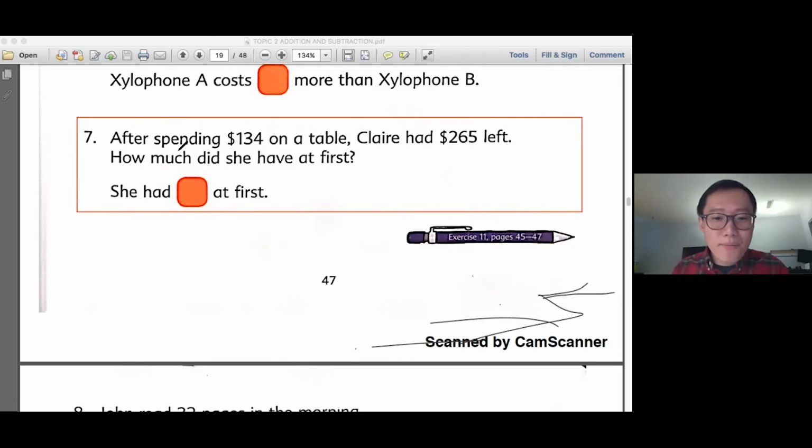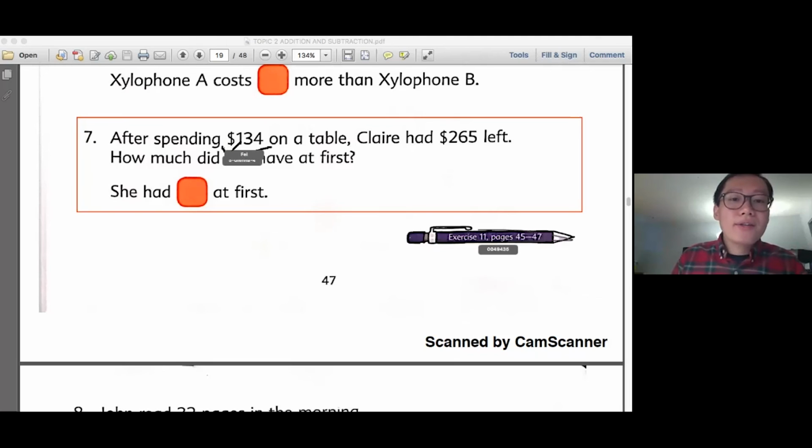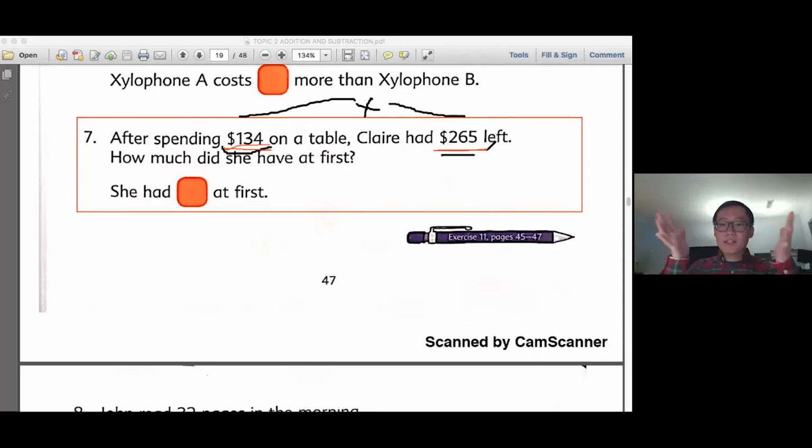Okay, so remember, first step for word problem, we want to underline important information, right? So let's read. 134 is important. That's a number, right? Claire had 265 left. That's the money that she had remaining in her pocket. How much did she have at first?